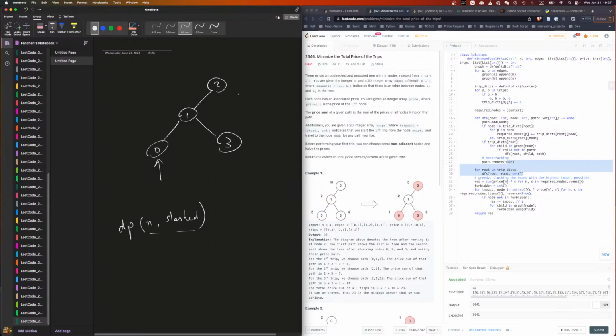Okay, so we want to find a subtree of this. Then we push it down. And then we push it down. Okay, so at 0, all right? Yeah, let's give it a shot. So what's going to happen?